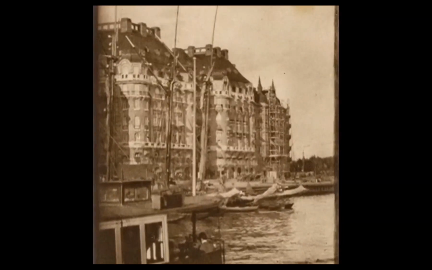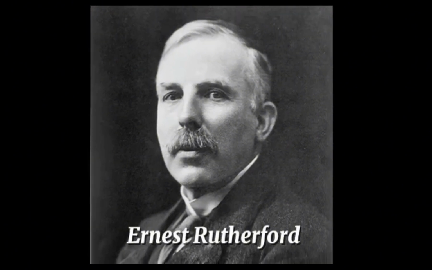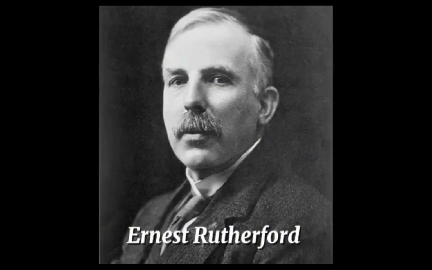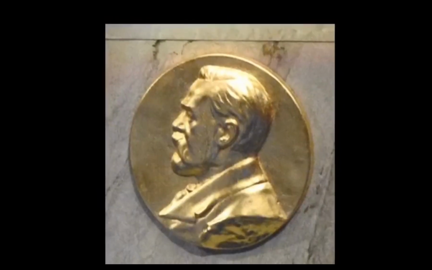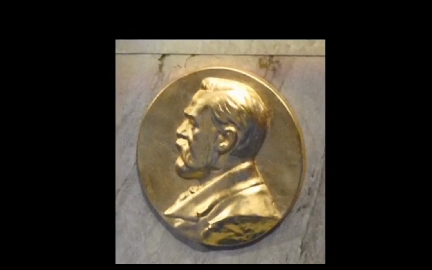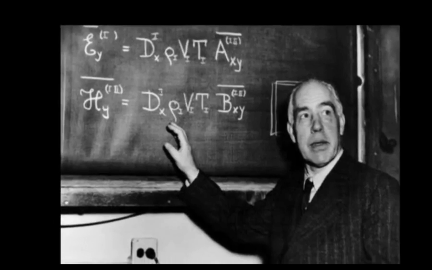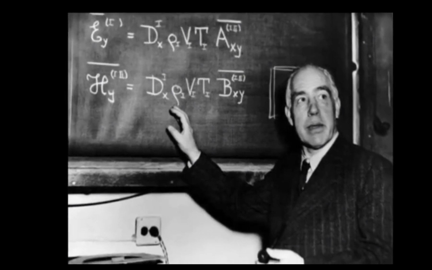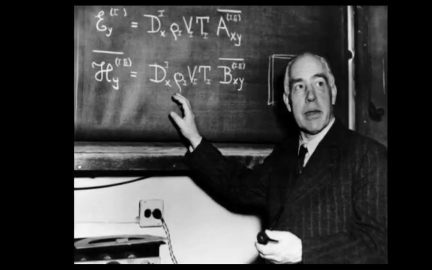He worked under Ernest Rutherford and later developed his own theory of the atom from previous studies, and won the Nobel Prize in Physics in 1922. Niels Bohr and his theory of the atom are truly remarkable. And now, we will go back to his theory to understand it better.